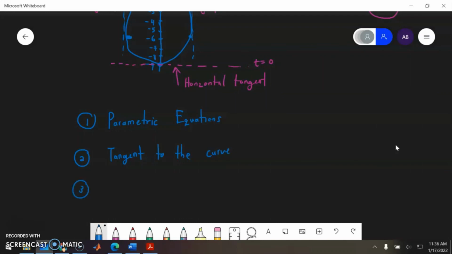And the third one, we also learned how to sketch the parametric equation and the curve involved, such that we find the horizontal and vertical tangents. Okay, bye for now, students.